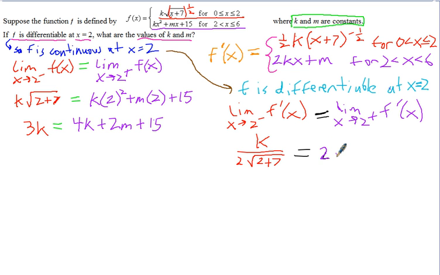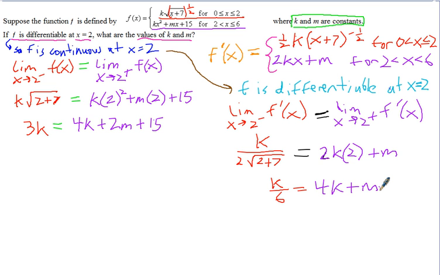Remember, just substituting 2 for x, so 2k times 2 for x plus m. And if we simplify the left one, that's going to be 3, square root of 9 is 3, times 2, so 6, so k over 6 equals 4k plus m.